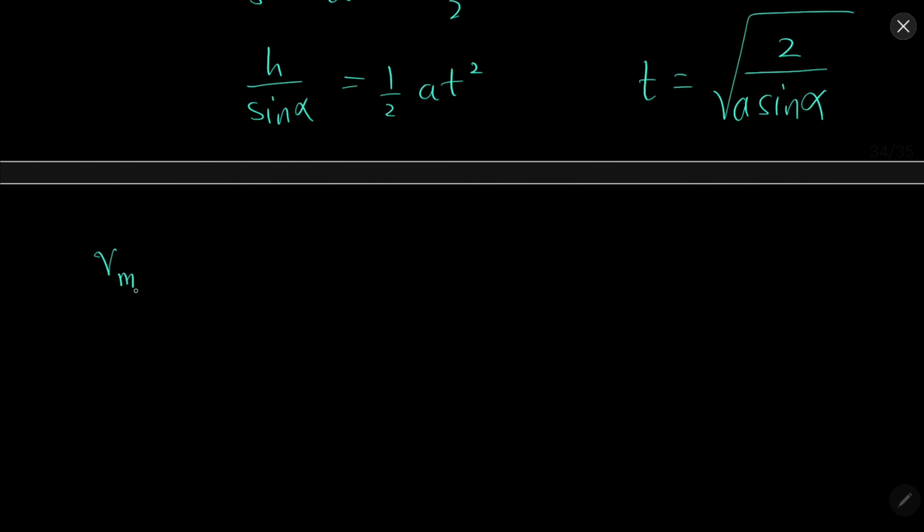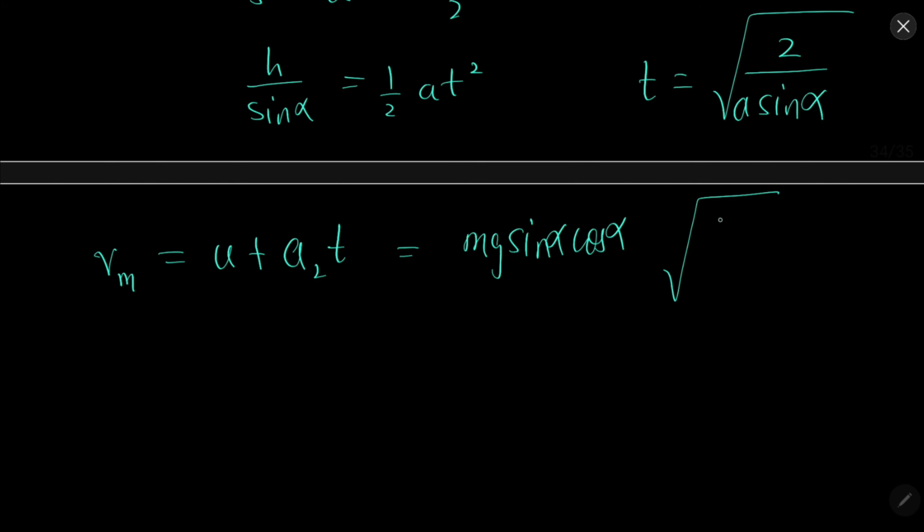So the velocity of the bigger block after time t will be mg sin alpha cos alpha over M plus m times root of 2h over a sin alpha.